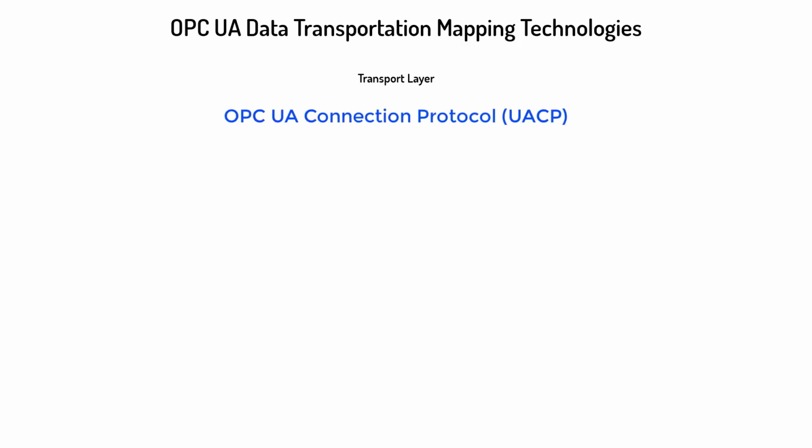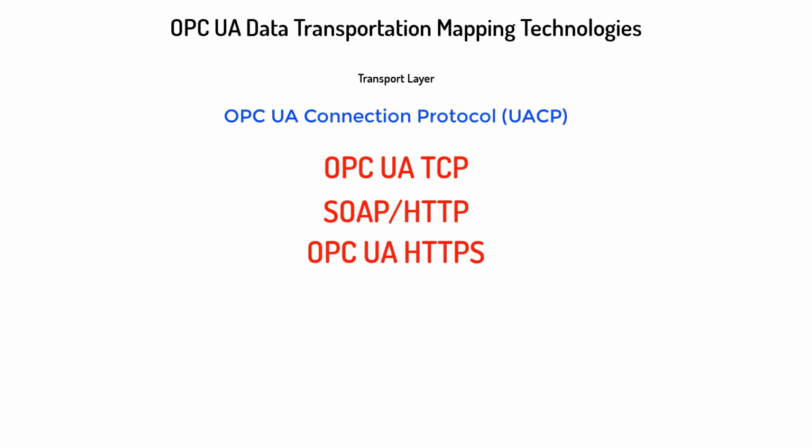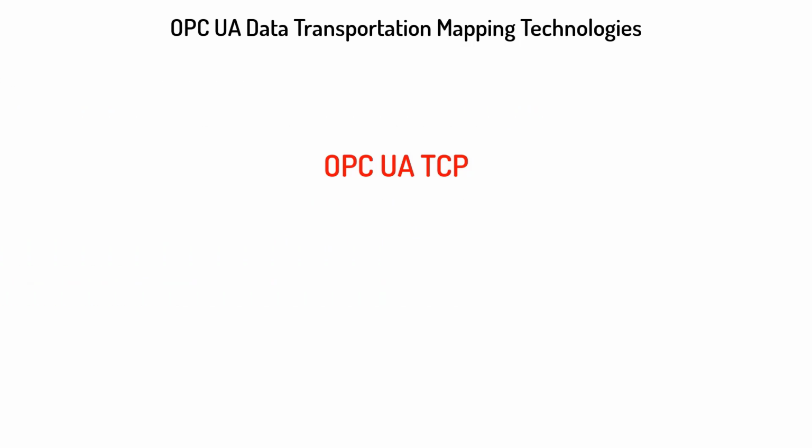And the Foundation specified mapping for the OPC UA Connection Protocol using 4 main concrete data transportation technologies, which are OPC UA TCP, SOAP or HTTP, OPC UA HTTPS, and WebSockets. However, SOAP has since been deprecated. So we'll begin by looking at UA TCP protocol.